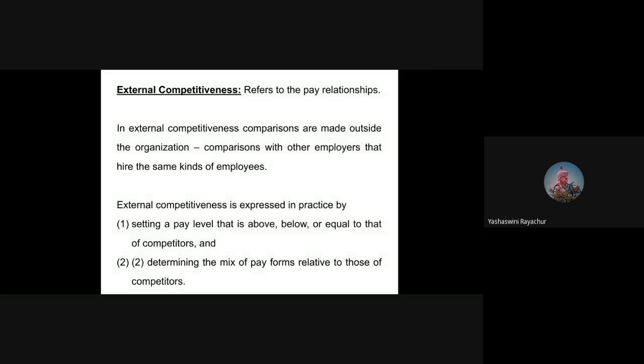That's why in external competitiveness we compare the jobs outside the organization.